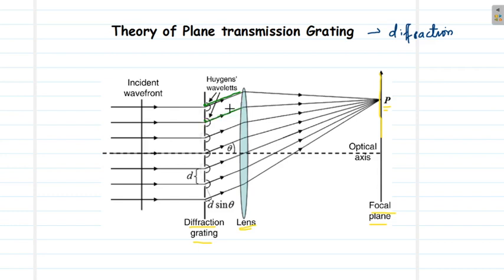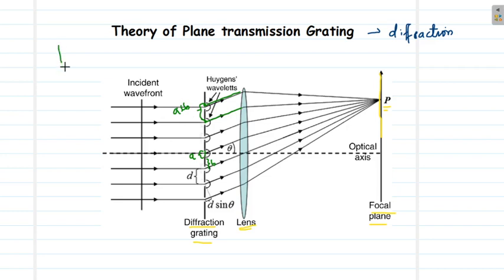Now what is the separation between these two? We assume that the width of the transmitting region, the transparent region, is A, and the width of the opaque region is B. So what is the total length of one transparent region and one opaque region? It will be A plus B.